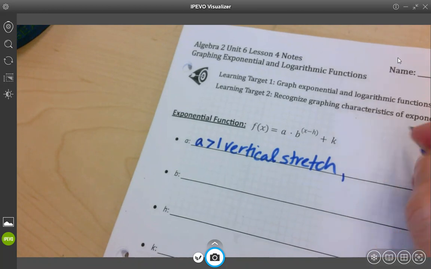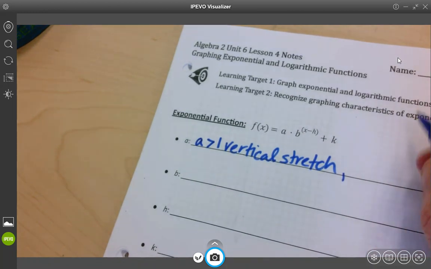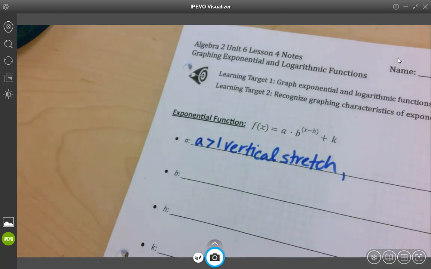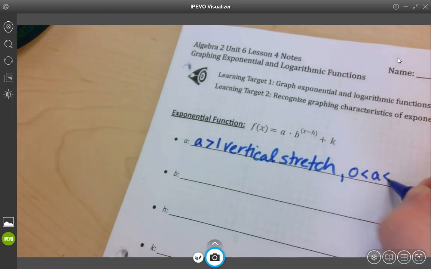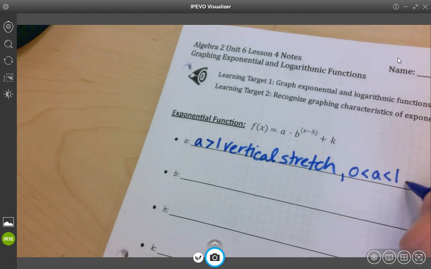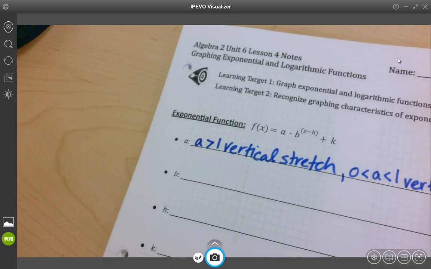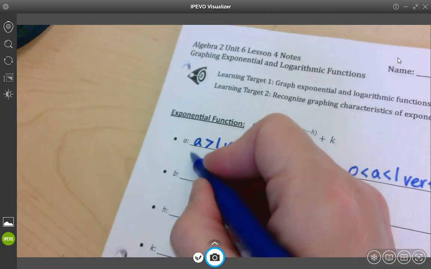It turns out if A is a fraction, like 1/2, for example, that would just compress it to half its height. So if A is between 0 and 1, it's going to be a vertical compression. And I'll continue down here.